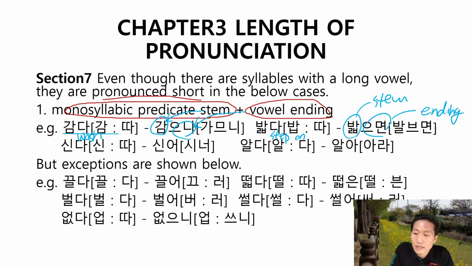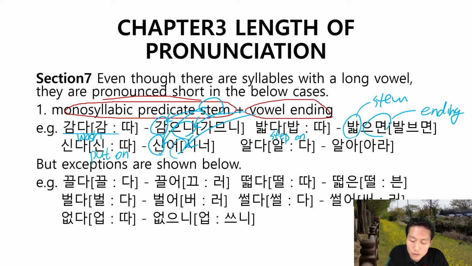Okay, 신다 means what? Put on something like shoes. 신다 is a basic form, and 신 is what now? Okay, right, stem, and 어 is a vowel ending.